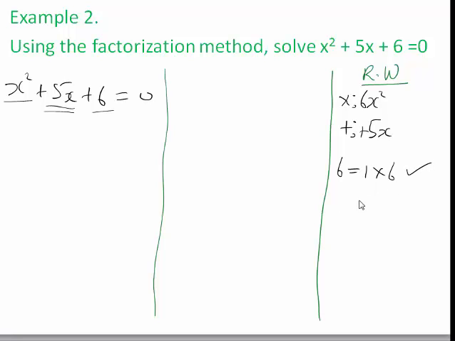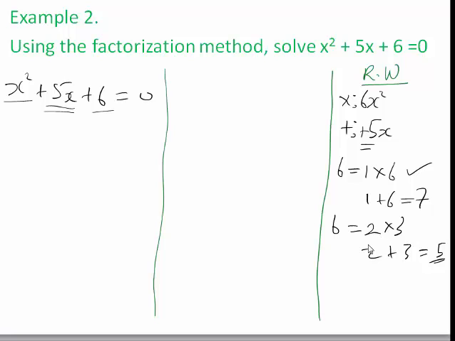But if we say for the sum, 1 plus 6 is 7 and not 5. So for us, this is not okay. Then we look for another factor of 6. 6 can equally be 2 times 3. Then what of this sum? 2 plus 3 is 5. Can you see it? So this is what we are looking for.